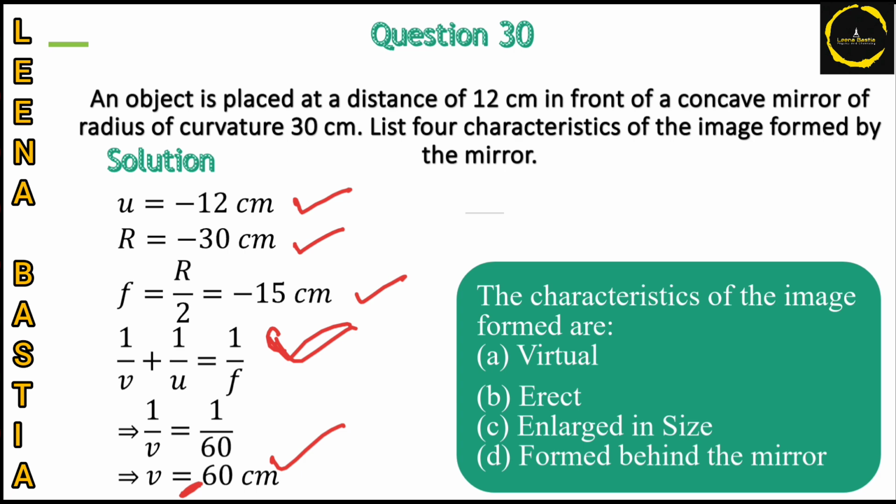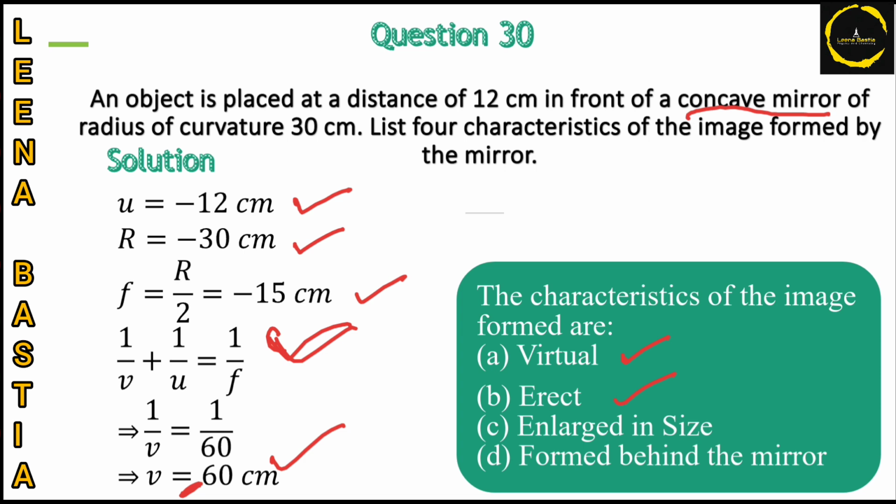We have to write 4 characteristics. The first one is virtual, and along with virtual, it is always direct. The size is enlarged, because we already know it is a concave mirror, and the image that is forming is virtual, which means it is always enlarged, because the concave mirror has only one case where the nature is virtual, erect and enlarged.